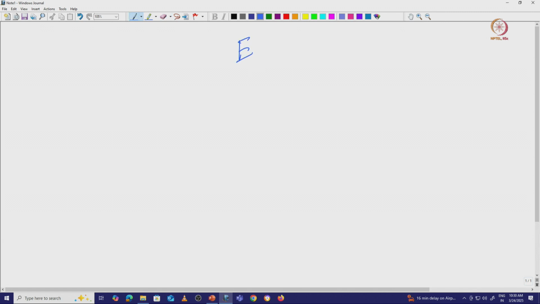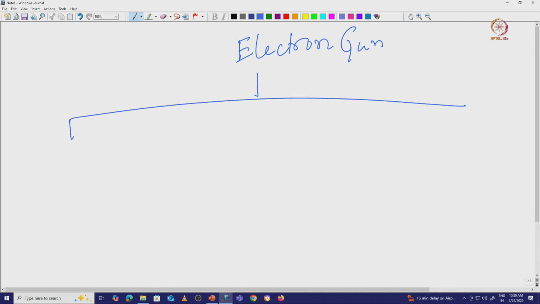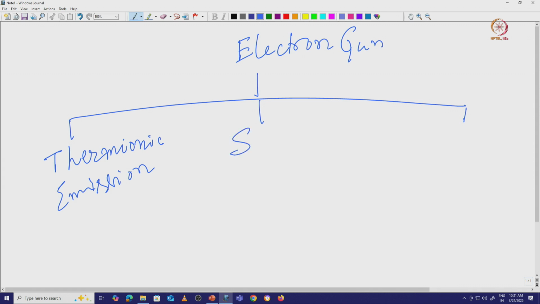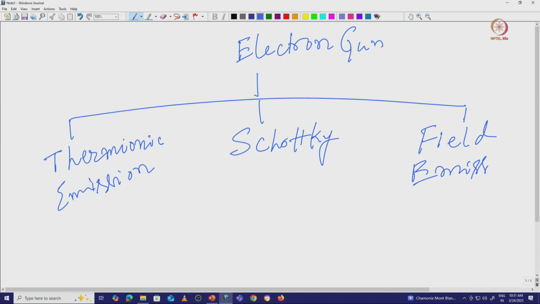If we have an electron gun, we can classify these things into three major classes: thermionic emission, then the next one is Schottky emission, and then the field emission gun.